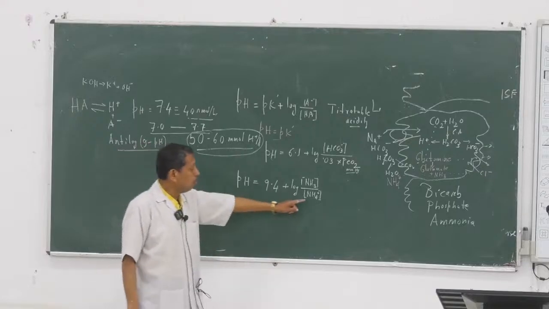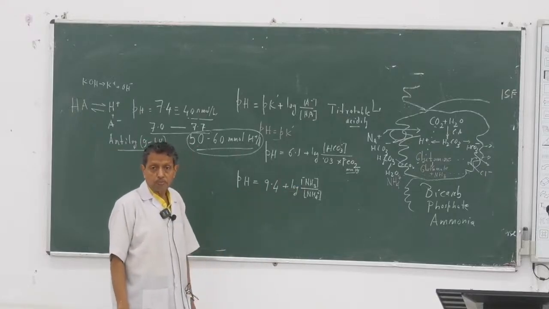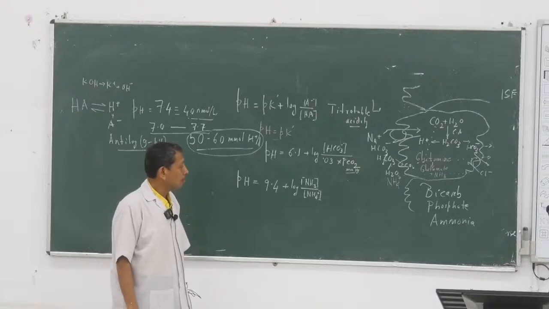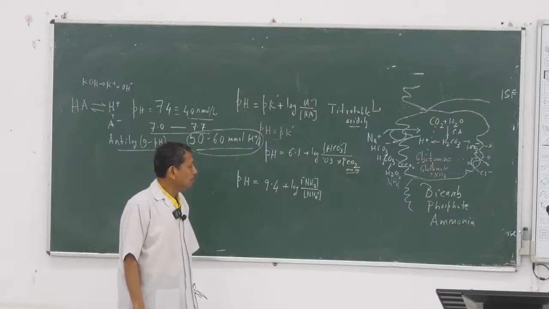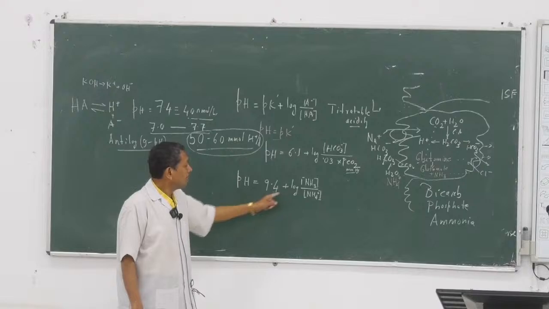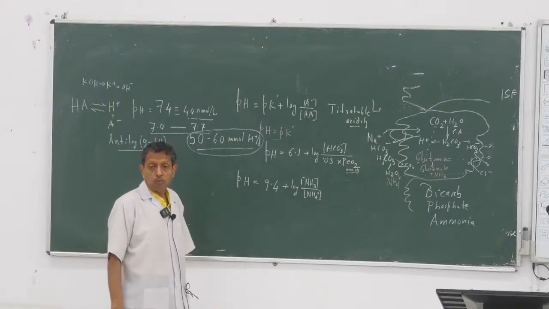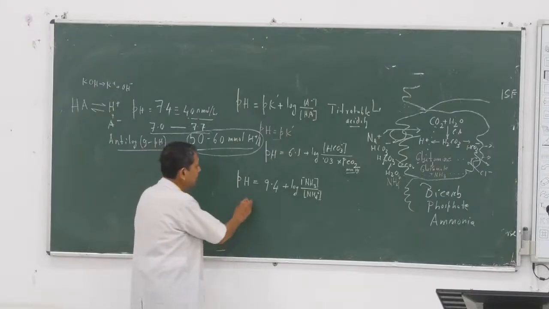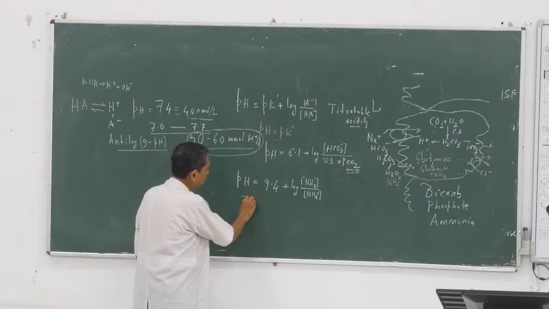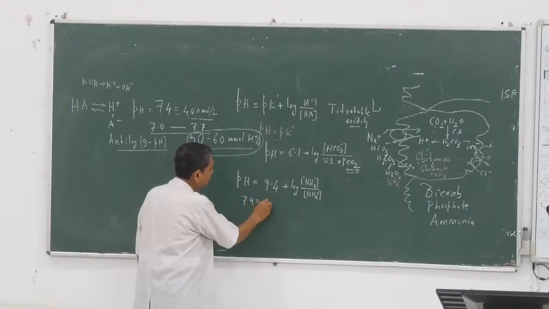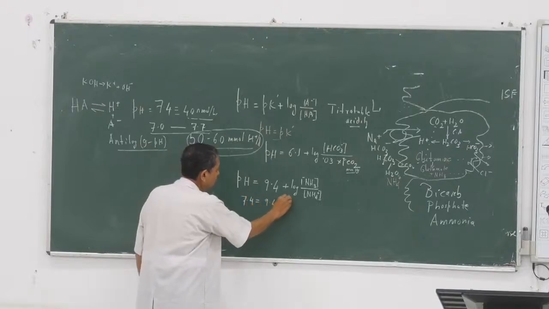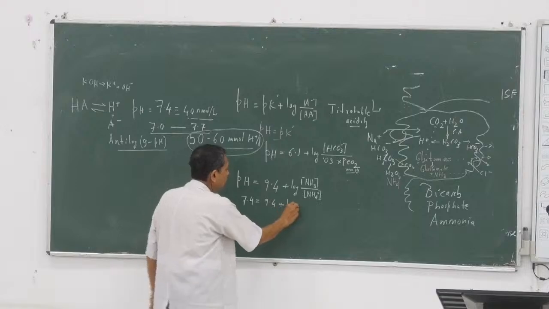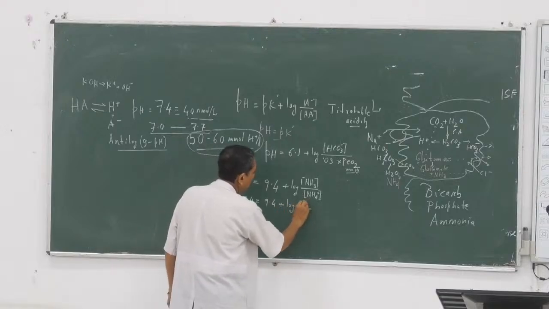It is the protonated form, it is the non-protonated form. And in that case it is 9.4. So when it is 7.4, it is equal to 9.4 plus log, and this value should be 1/100.